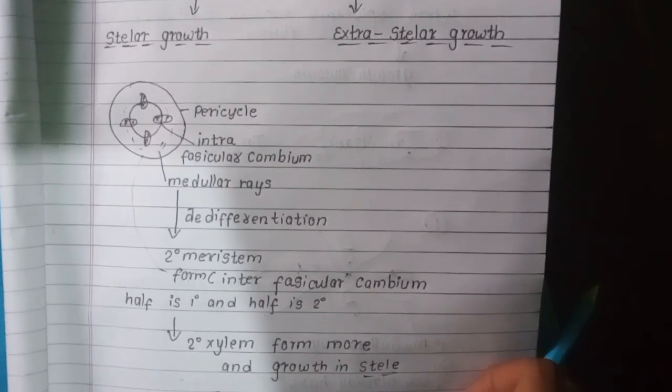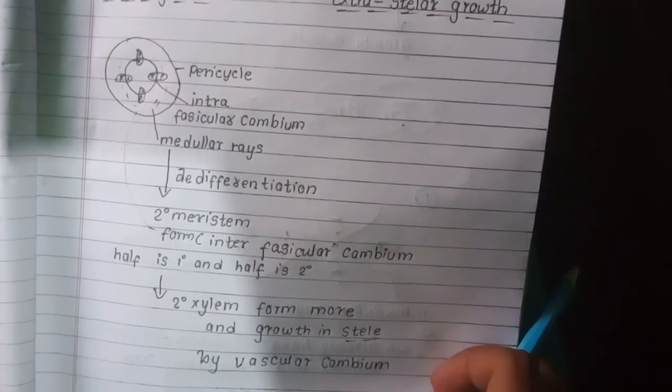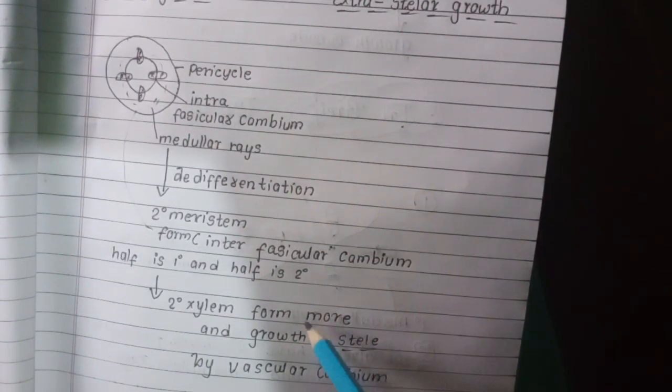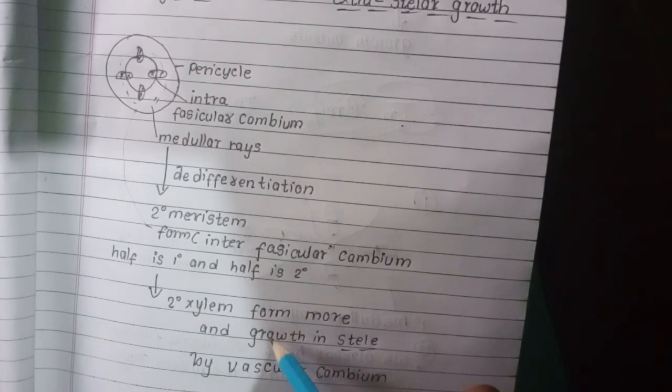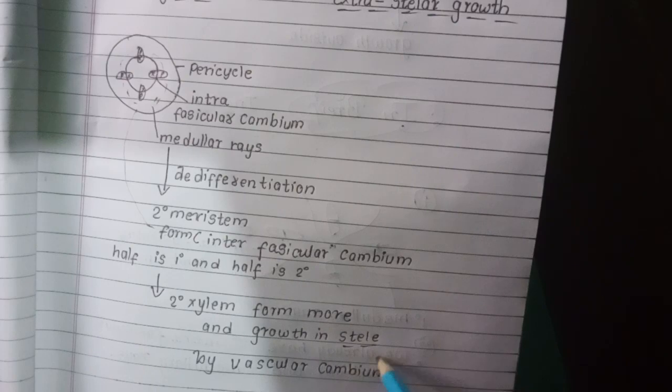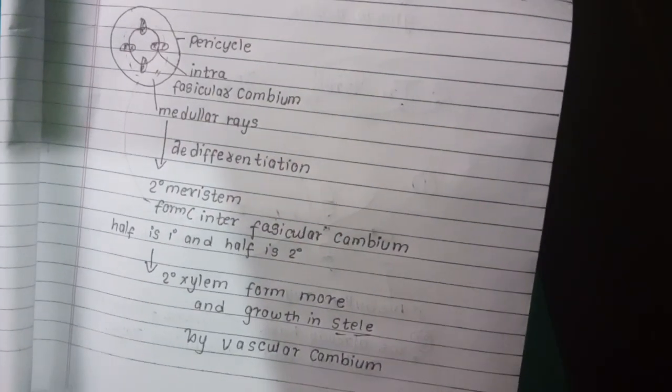Then secondary xylem forms more than phloem, and it helps in the growth of the stele by the vascular cambium.